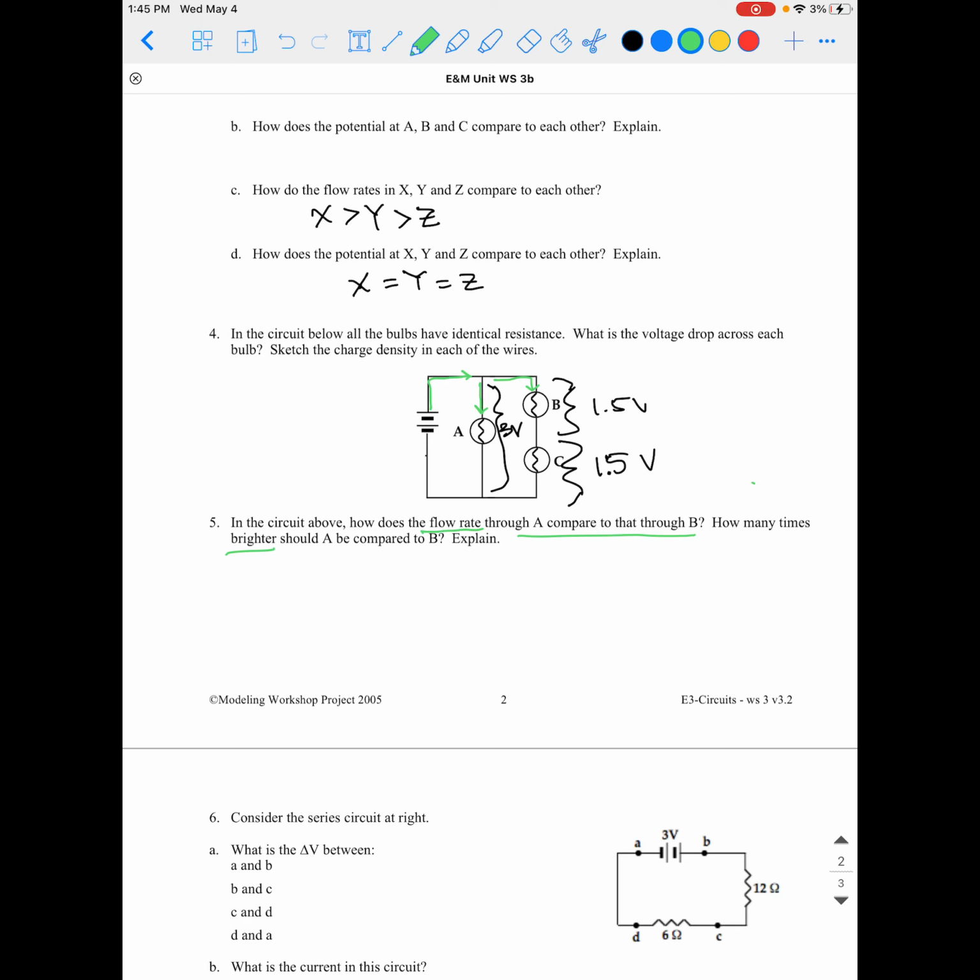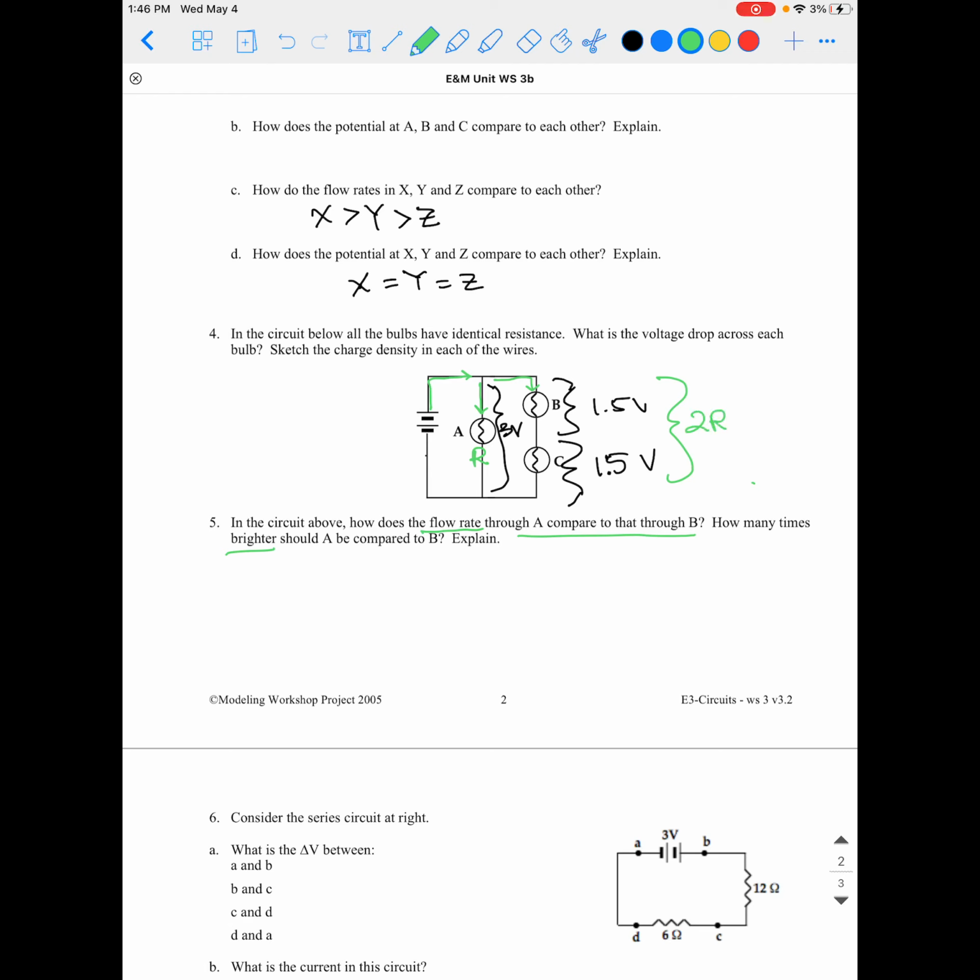Now, assuming that these resistors are the same, let's say A is a value R, because the branch with B in it is in series with another resistor C, we have to think about the total resistance in that branch, which would be double the resistance.